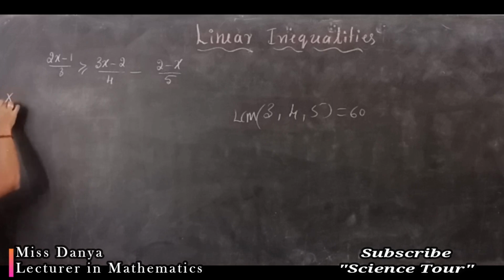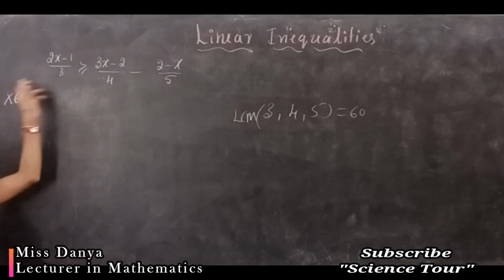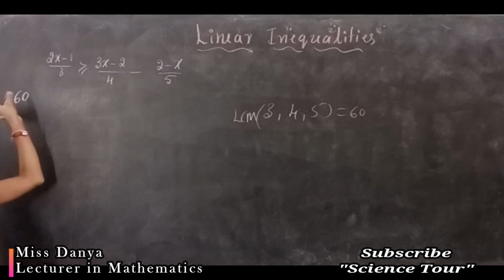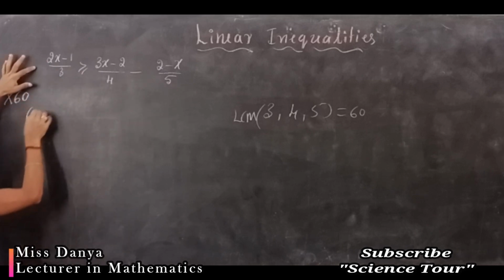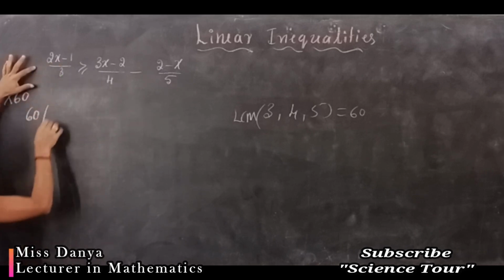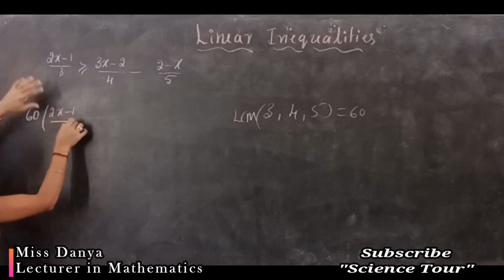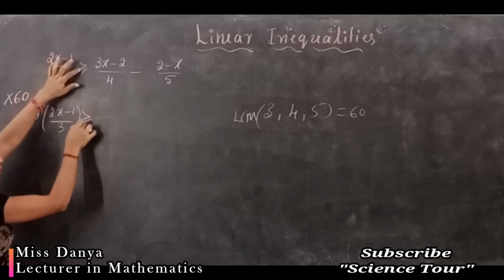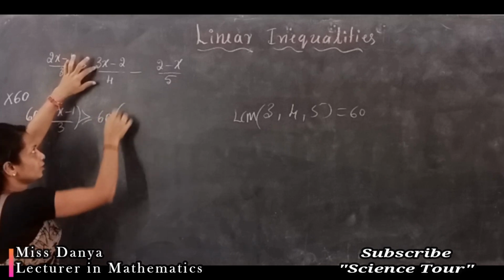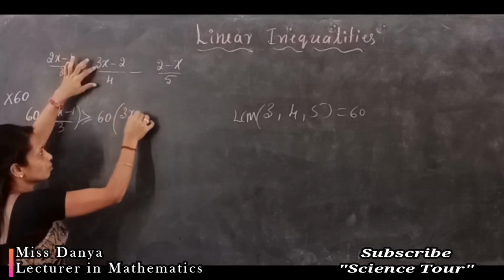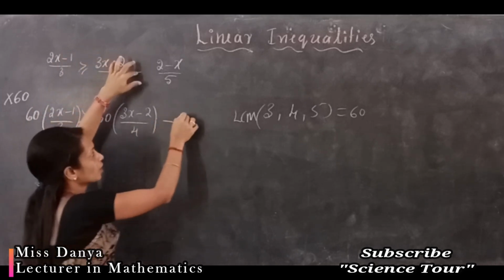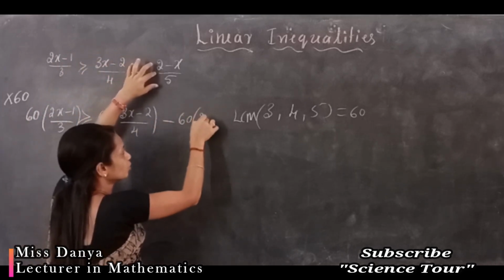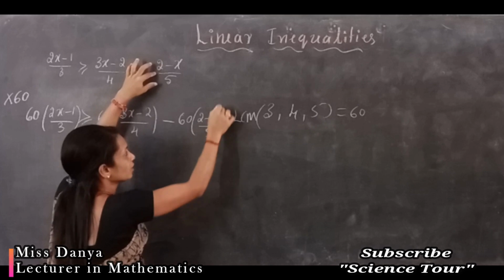Now you have to multiply by 60 throughout this inequality, which means you multiply 60 to each and every term. So 60 into (2x minus 1) divided by 3 greater than or equal to 60 into (3x minus 2) divided by 4, then minus 60 into (2 minus x) divided by 5.